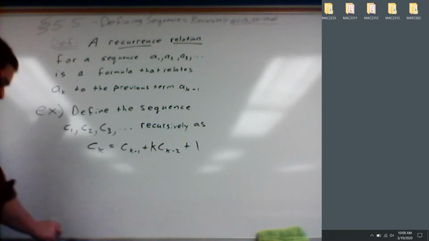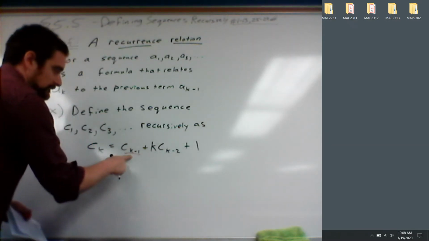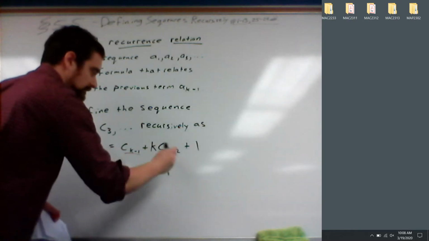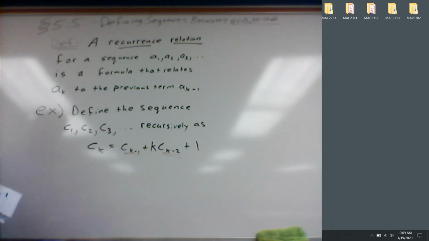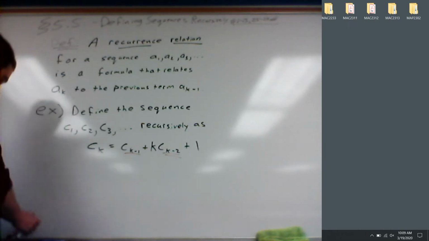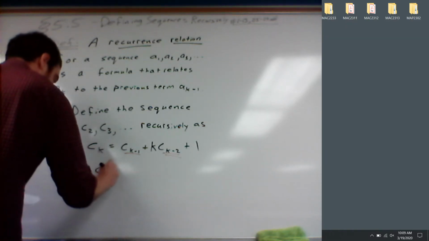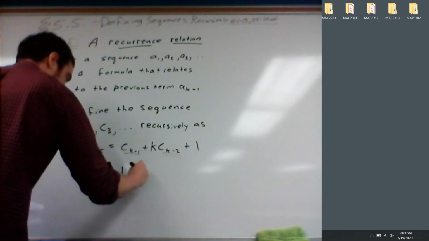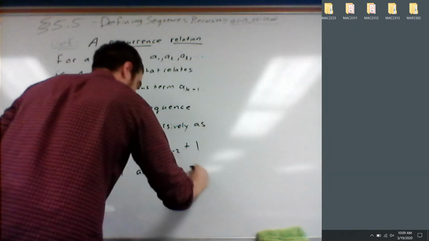Notice it's using the previous term, c sub k minus 1, and also the term before that one. So we need to know the first 2 terms in order to get to the third term. So they give you the first couple of terms: c1 is equal to 1, and c2 is equal to 2.